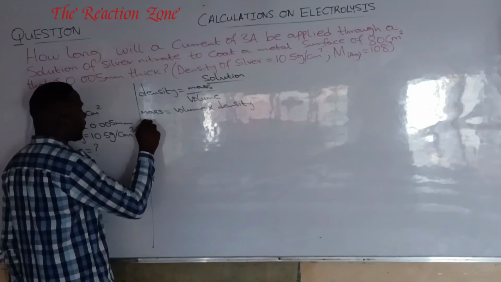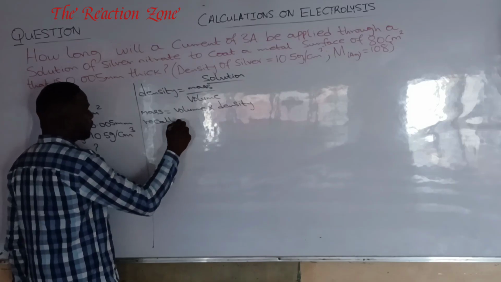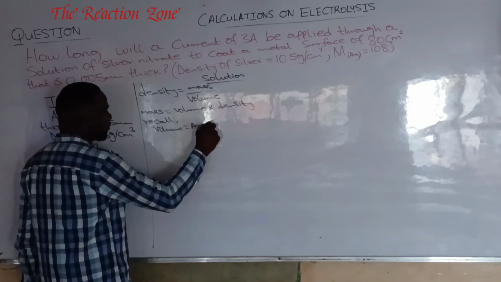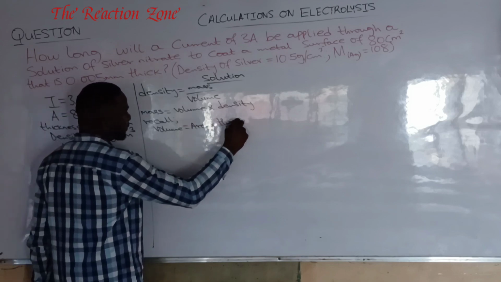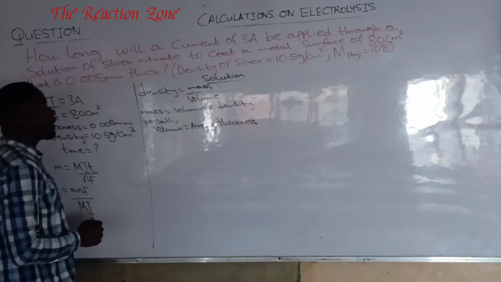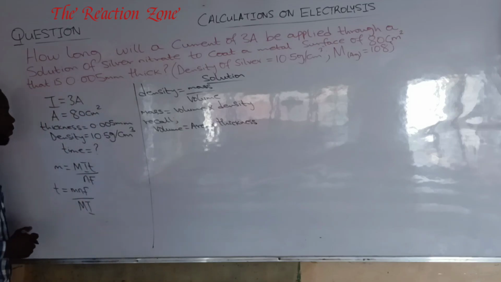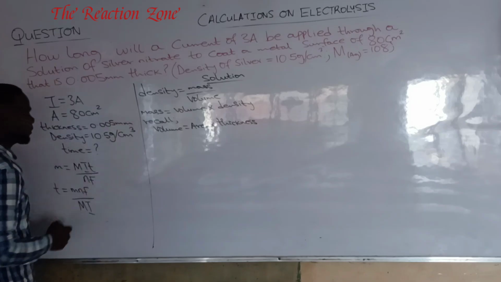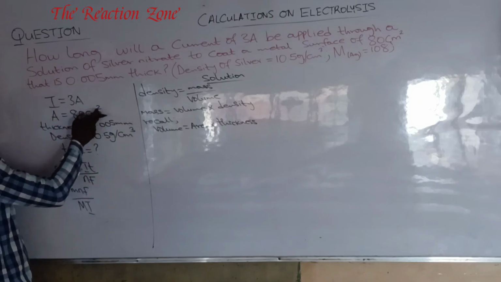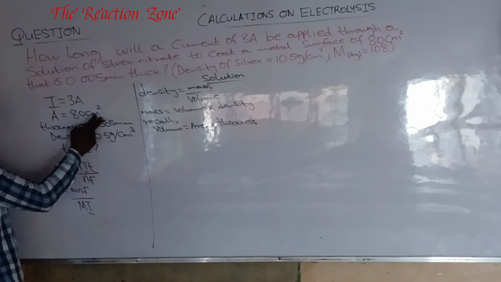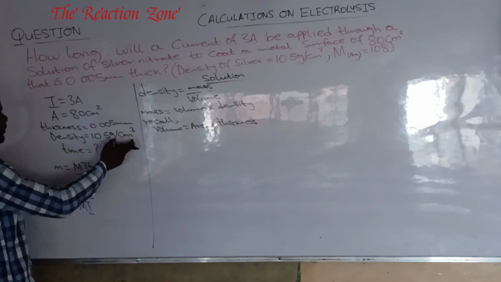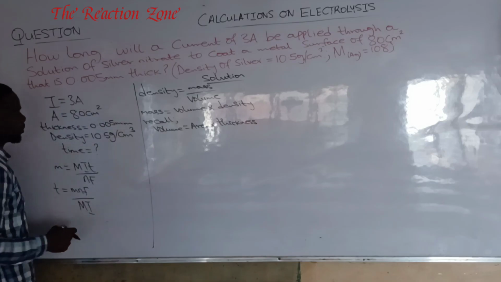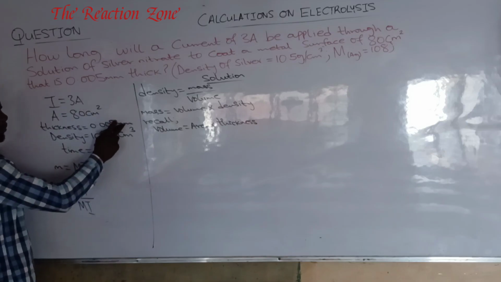But we can recall that volume is equal to area multiplied by thickness. And according to this question, we have the thickness to be 0.005 millimeters, and we have the area to be 80 centimeters squared. Now, their units are not the same. Density is in grams per cm cube, area is in centimeters squared, but thickness is in millimeters. So we have to convert this to centimeters.